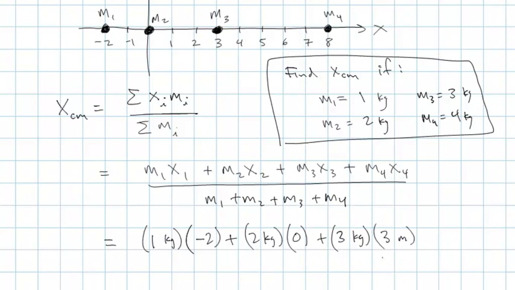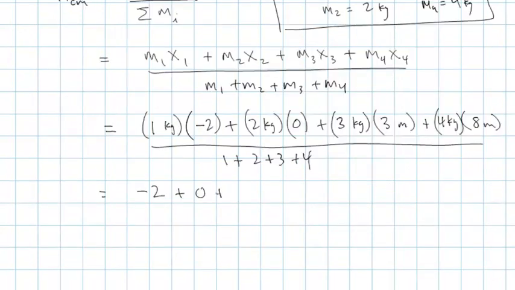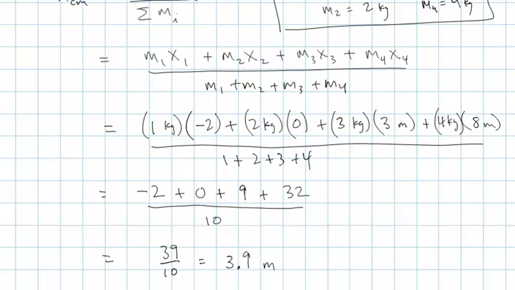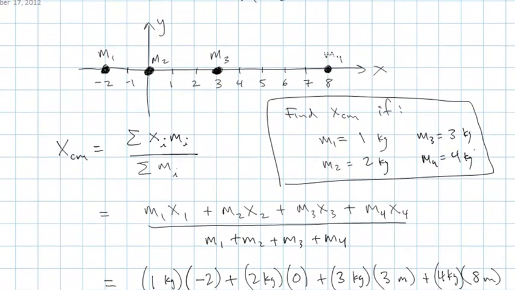I'll assume x is in meters. And m4 multiplied by 8 meters, and we're dividing by the total mass. The center of mass of the system is located at 3.9.